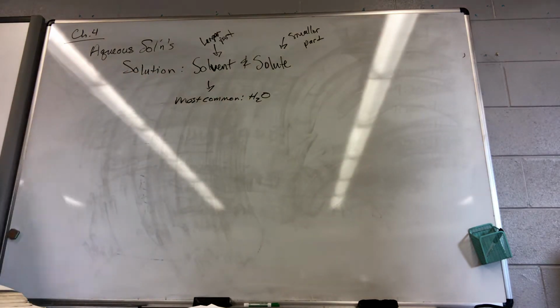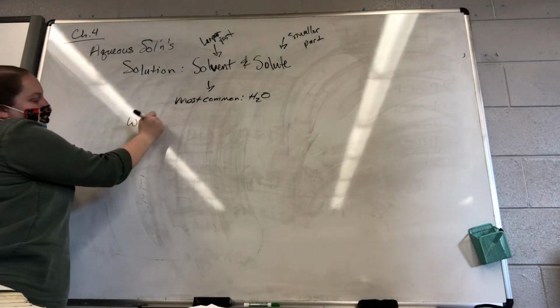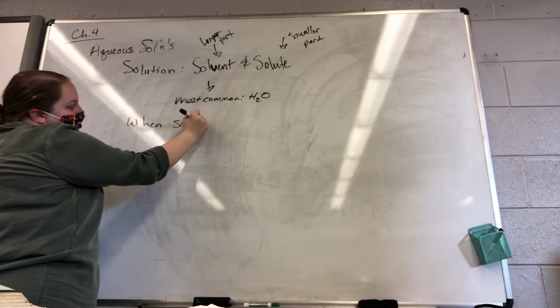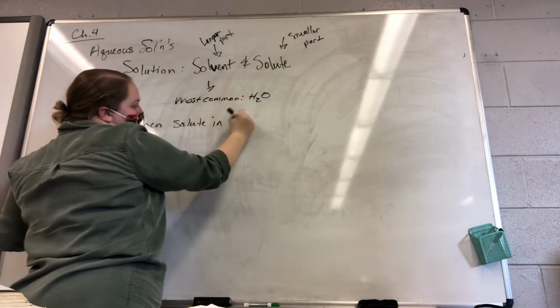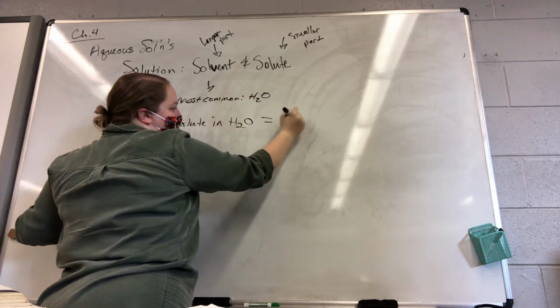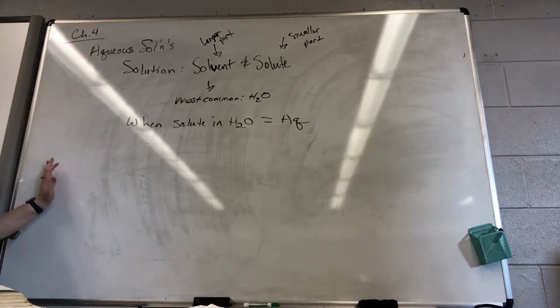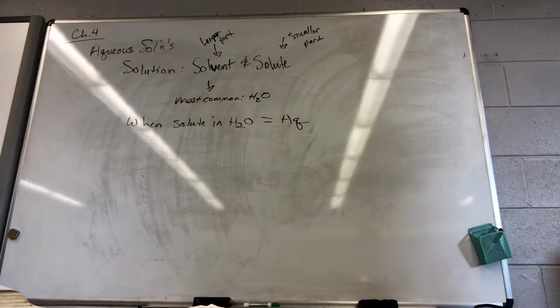When you have a solute dissolved in water, we get an aqueous solution. For the most part, our aqueous solutions tend to be salts dissolved in water. Salt meaning an ionic compound that can break apart into two parts.